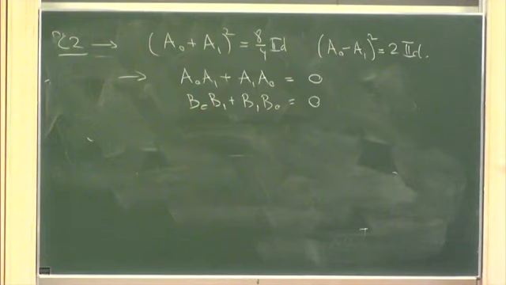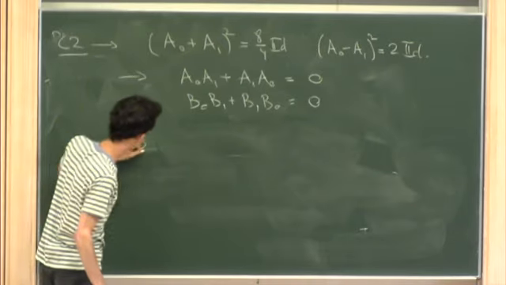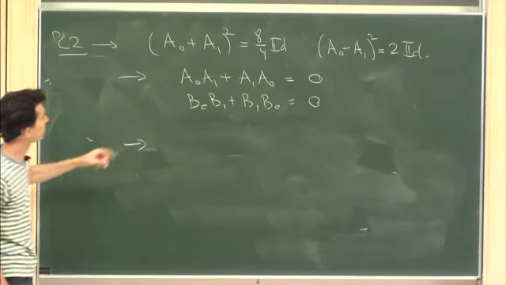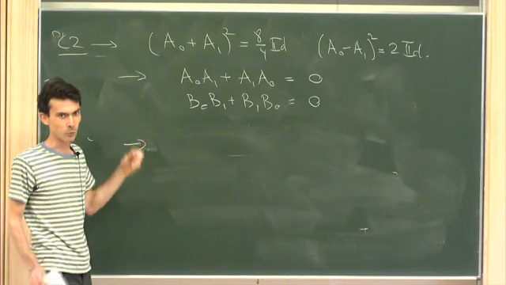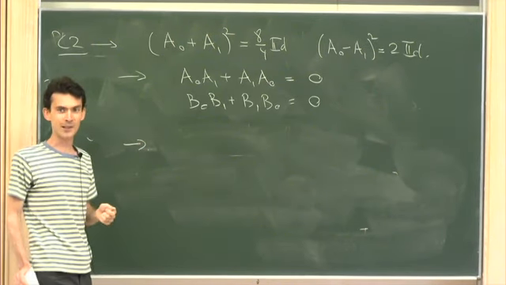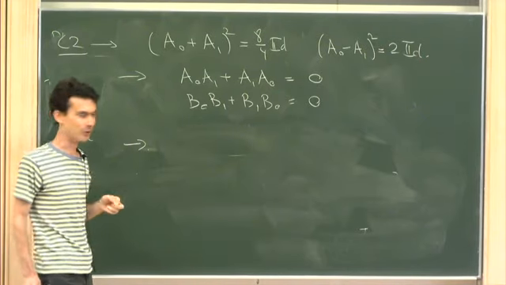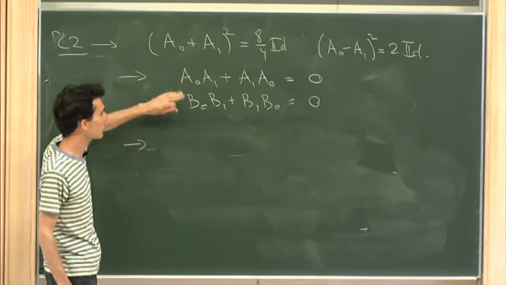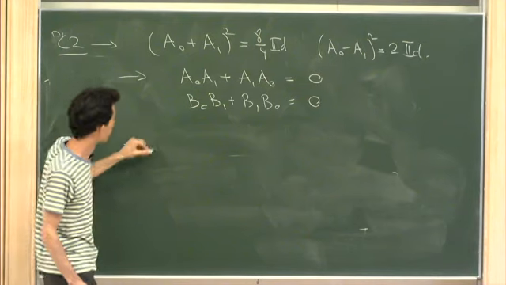From there, you can do one or two more steps that I'm not going to do, but they're very simple. The typical observables that anti-commute are the X and Z Pauli matrices, and you can deduce that up to isometry, this is what they must look like.